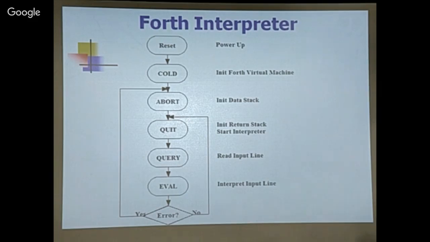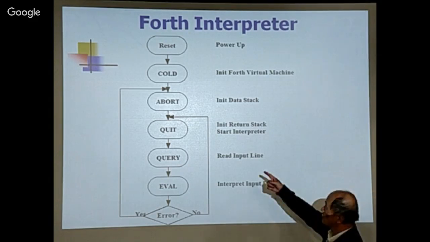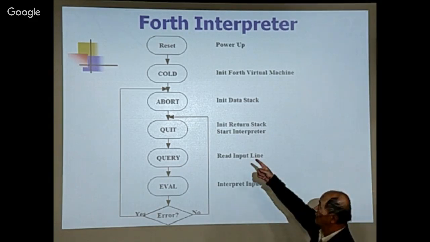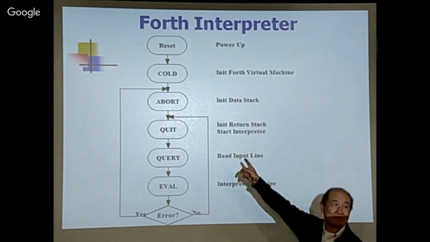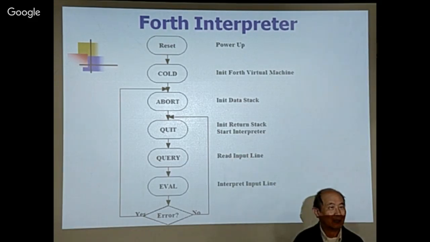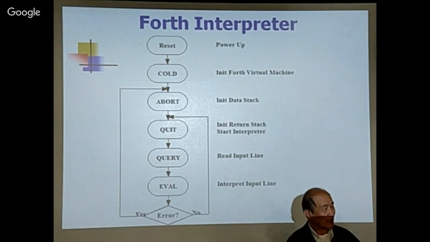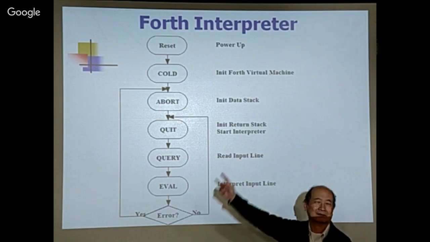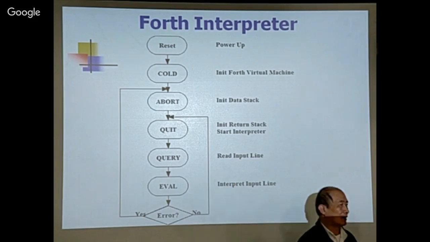Eventually when an error occurs, you have to abort, so you use abort as another word to handle the error condition. And why don't you just call that location quit. But the essence of Forth is really in eval.